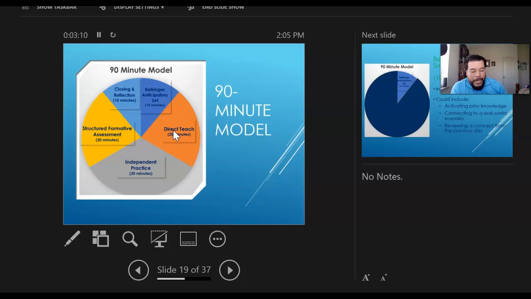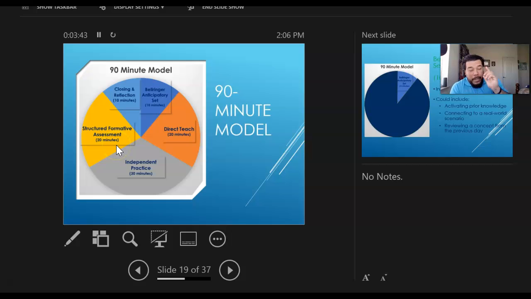We could increase that direct teach or blend it in with the independent practice, and now we could have a 50-minute lab in class, and then have them making their claims, providing evidence and reasoning for any discoveries that they found within that lab. Then you can have a closing, some sort of open-ended response, a conclusion that they've done with the lab. So this is great for science, and I'm excited about that.